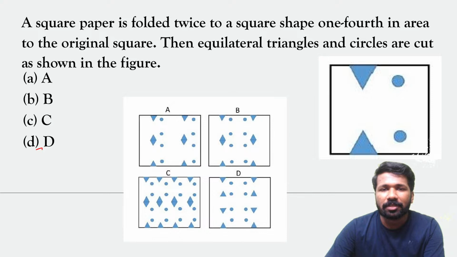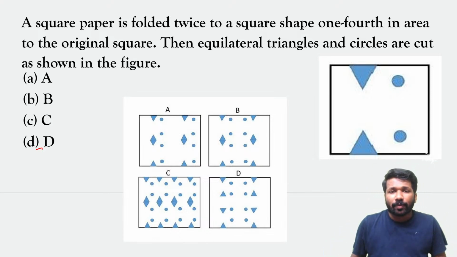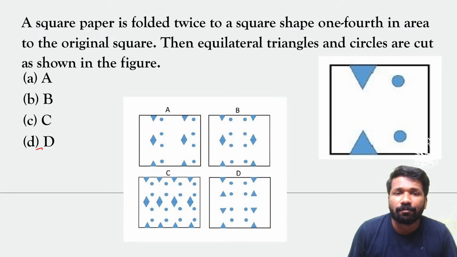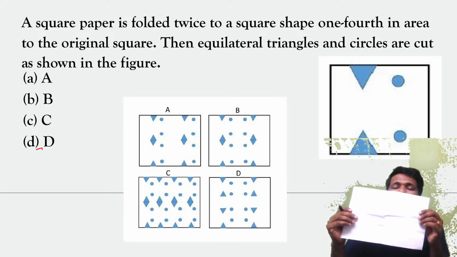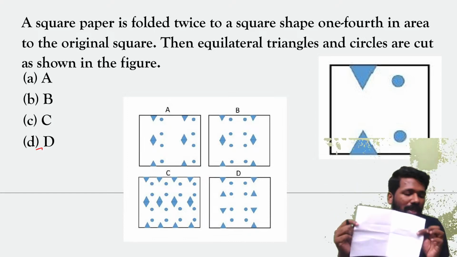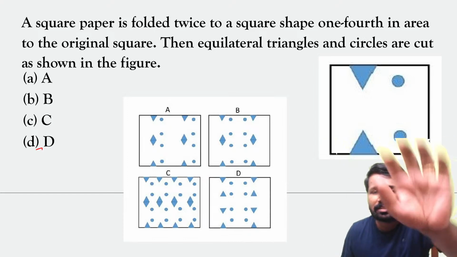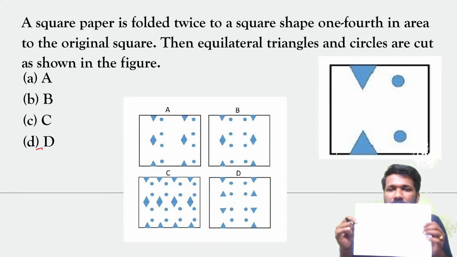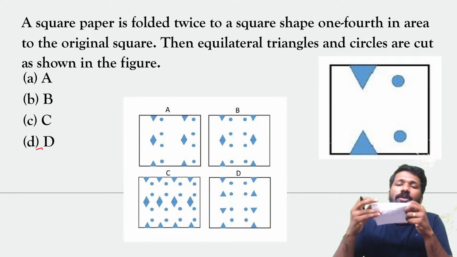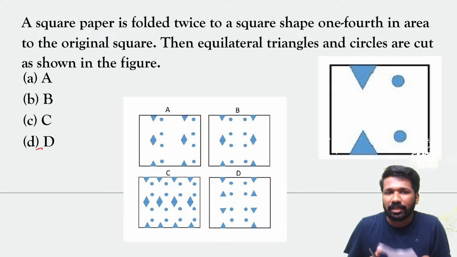A square paper is folded twice to form a square shape, 1/4 the area of the original square. Literally you can take a paper and understand this. If this is a square paper, this is a rectangle, but just assume it is a square paper. Fold it like this, fold it like this. That is what the question is saying.